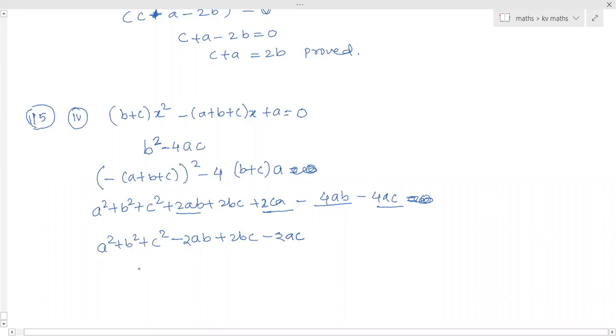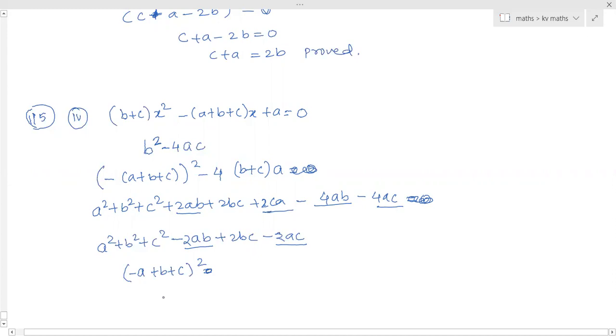Now here this one and this one are negative. So again in the form of A square plus B square plus C square, 2AB, 2BC, 2CA with only signs different. So minus A plus B plus C whole square is equal to.